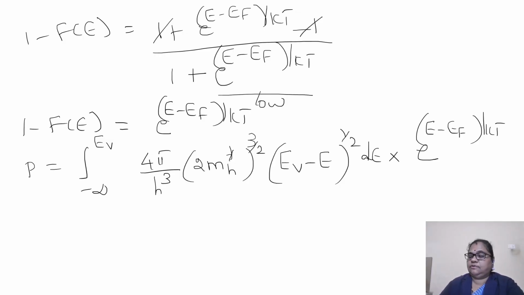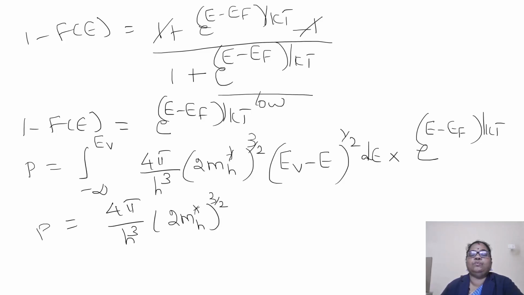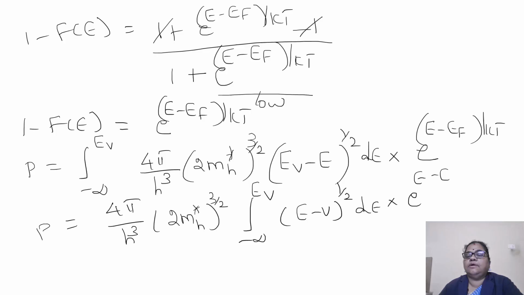In order to simplify this, we need to take out the constants. So P is equal to 4 pi by h cube, multiplied by 2 m h star to the power 3 by 2, multiplied by the integral from minus infinity to EV of EV minus E to the power half dE, multiplied by e to the power E minus EF by KT.